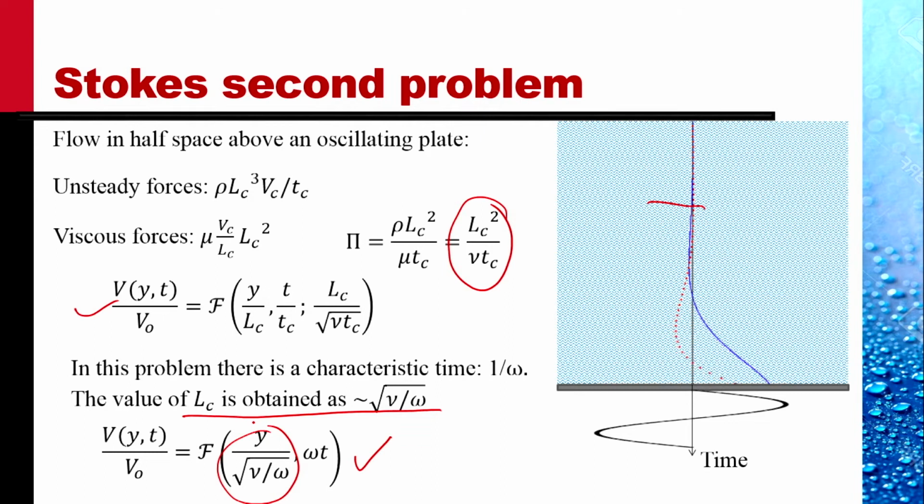Larger the omega, lesser is the value of y, lesser is the penetration depth. Here in this picture, this blue curve represents the velocity of the flow over the plate, and the red dots represent the particle motion, the location of the fluid particles at a given time.